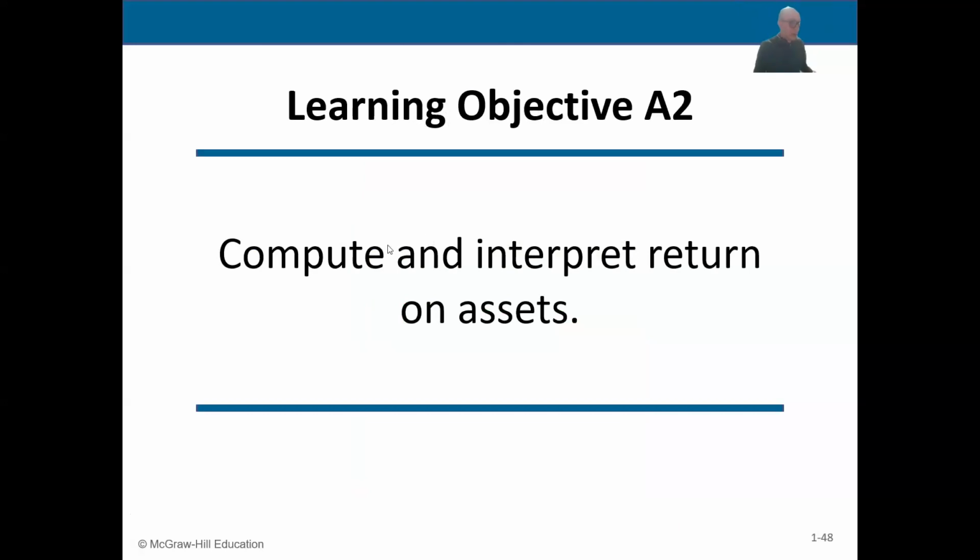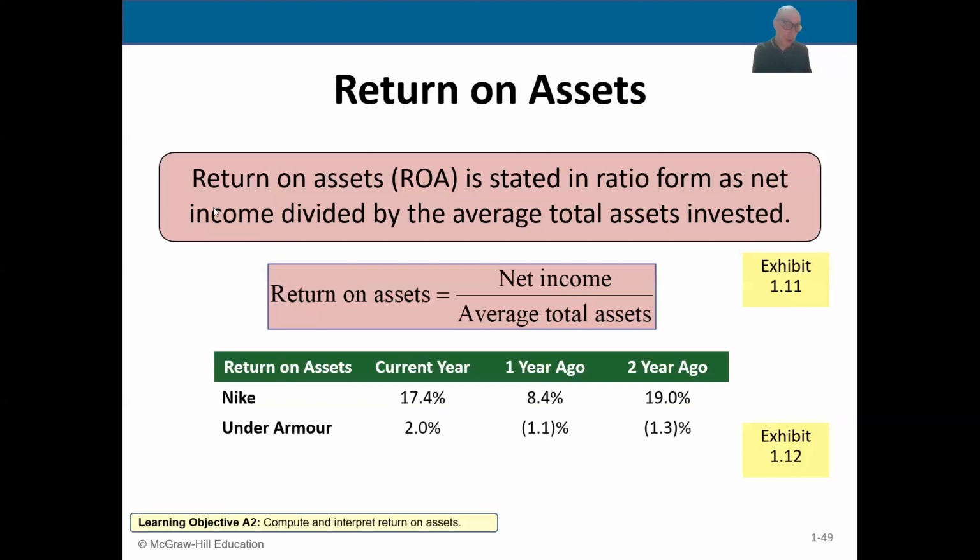As we started the class, I had mentioned that the reason why we take this class is because we need to understand the financial health of the business in order to help us make decisions, right? And so I try to end each class with a ratio. Ratios help us as managers to understand, as a snapshot in time, the financial health of the business. This is a very commonly calculated ratio called the return on assets.